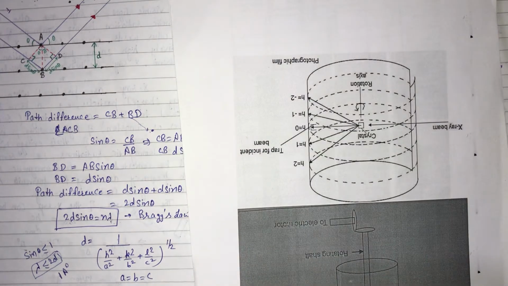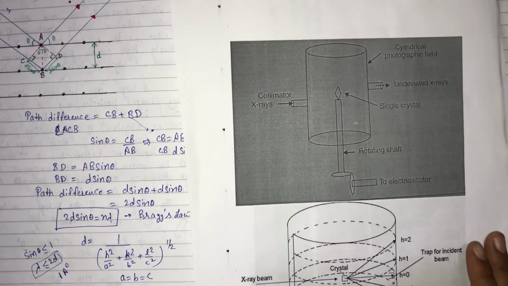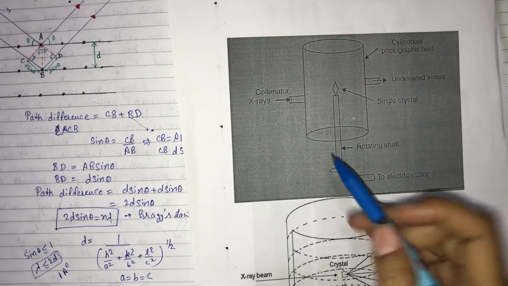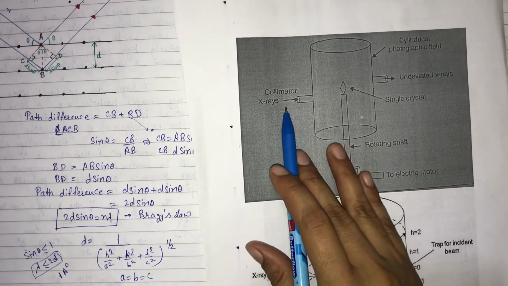Now let's discuss the second experimental method, which is the crystal rotating method. As you have seen, in Laue's method we used continuous wavelengths of X-rays.